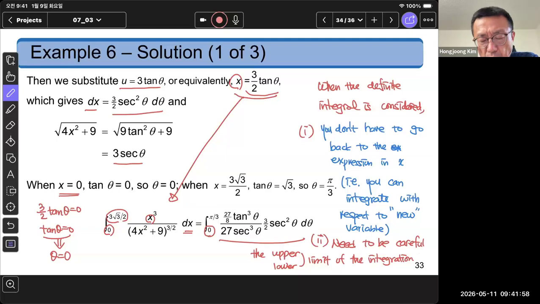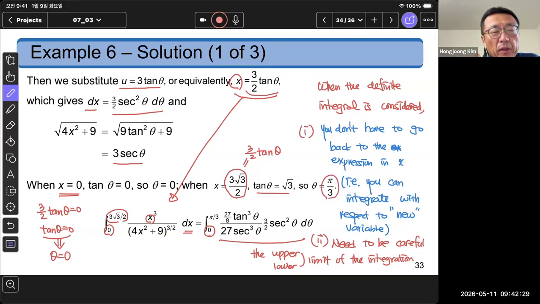Now, for the upper limit, when x is 3 square root of 3 over 2, then that corresponds to 3/2 tangent theta. When I remove this 3/2 from both sides, tangent theta will be square root of 3, and the only theta value which satisfies this equation will be pi third.